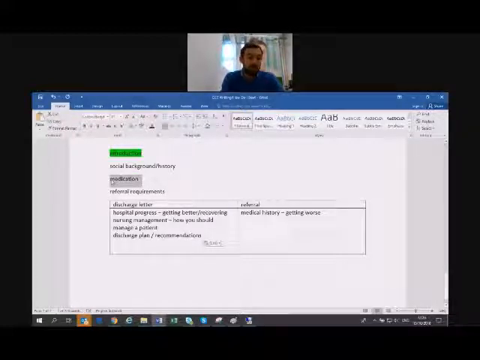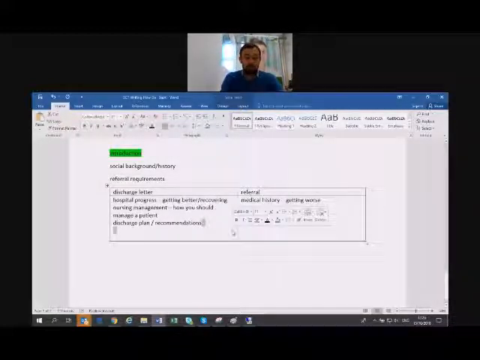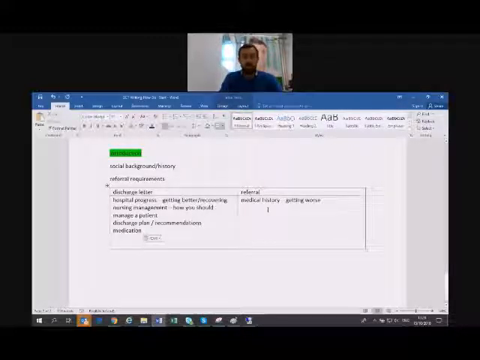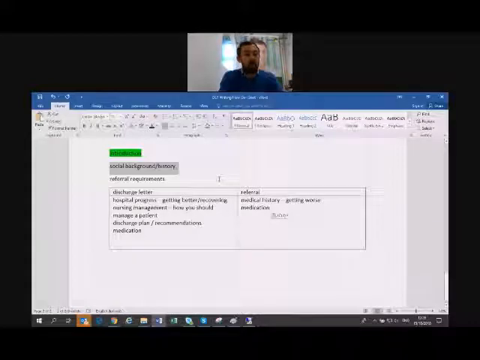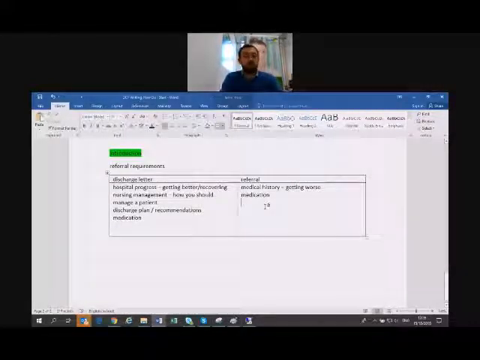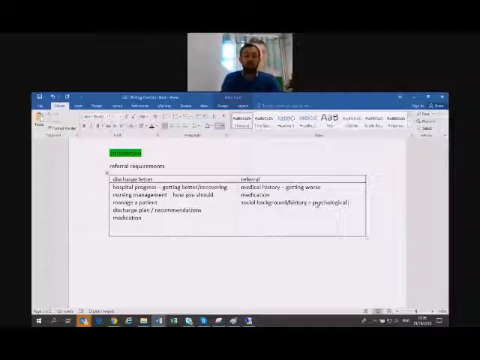Medication, now medication could be in both. Probably going to be in the discharge. Could be in the referral. Social background and history now. You're going to put one of those in. Quite often, not in a discharge letter, but you're going to put it in a referral because it will be some kind of psychological referral.